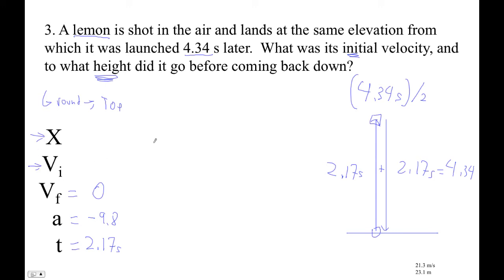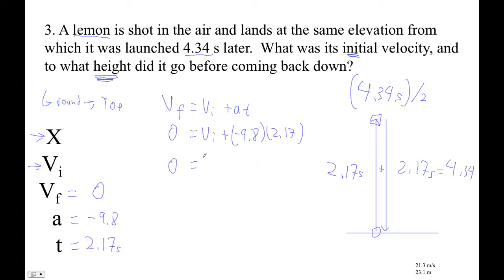To find VI, I'm going to use the formula with no x. So final 0 is VI plus negative 9.8 times 2.17. Now I'm just going to bust that out: negative 9.8 times 2.17 gives negative 21.266.